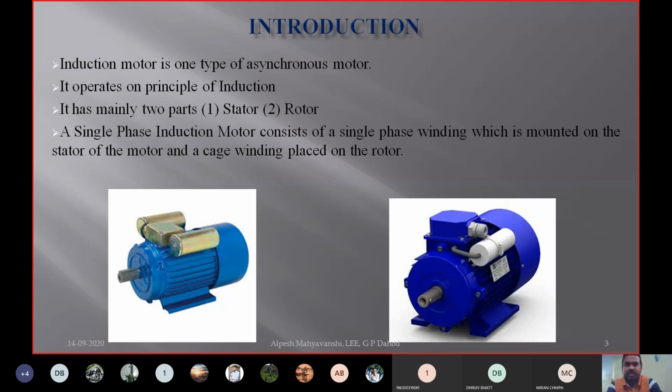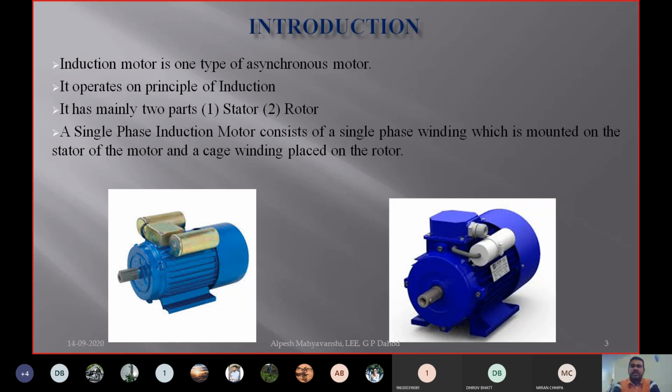That means there is no physical connection between stator winding and rotor winding. If there is a physical connection between stator winding and rotor winding, then we can say that it operates on the principle of conduction. Here in this induction motor, there is no physical connection between stator winding and rotor winding. That's why we can say that it operates on the principle of induction.